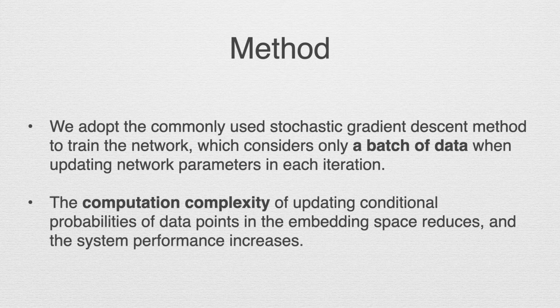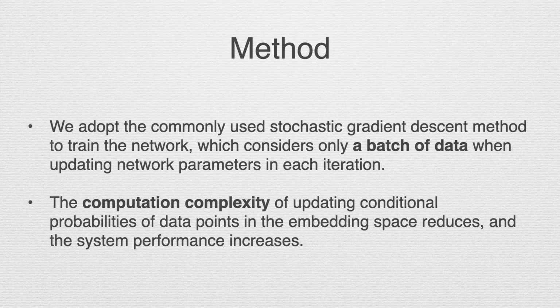In addition to generalization, the computation complexity of traditional t-SNE is expensive because it has to determine the joint distribution of each pair of data points whenever the projected low-dimensional data are updated. Specifically, the complexity is big O n squared, where n is the number of data points.